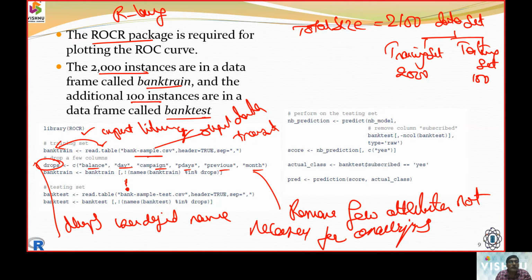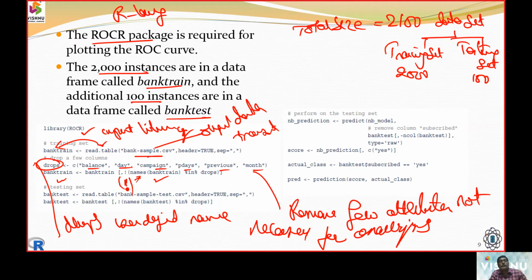Other than these elements, the negative sense pulling up, and other than the names we mention, the rest of the attributes can be taken into the bank train variable.